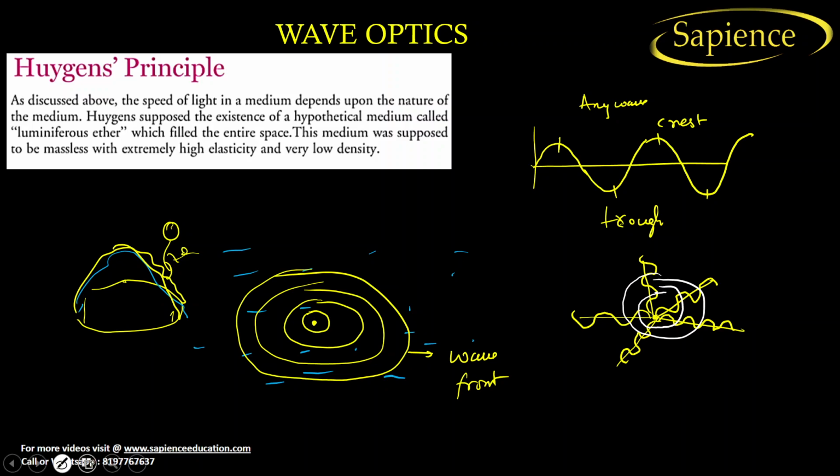So for a point source, the wavefront will be circular like this. These are the wavefronts.